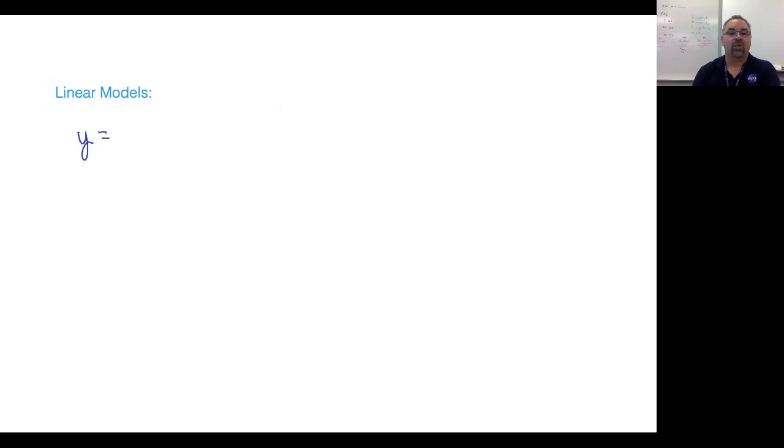I'm just going to remind you that most of you probably think of the equation y equals mx plus b, which is fine. But I want to remind you of a couple of other forms for these functions. This one is slope-intercept, and I like slope-intercept form. It's not that I have anything against it.